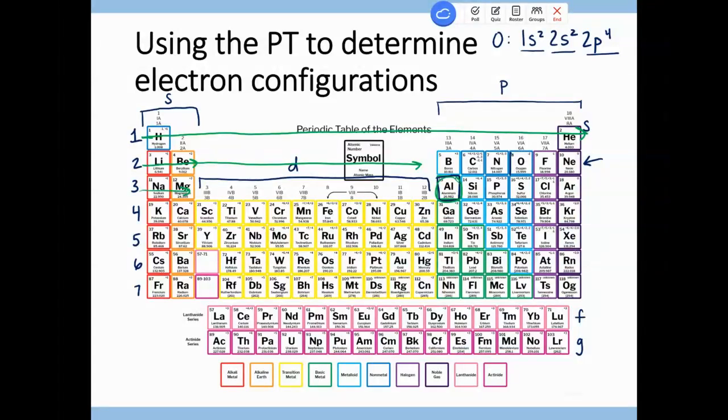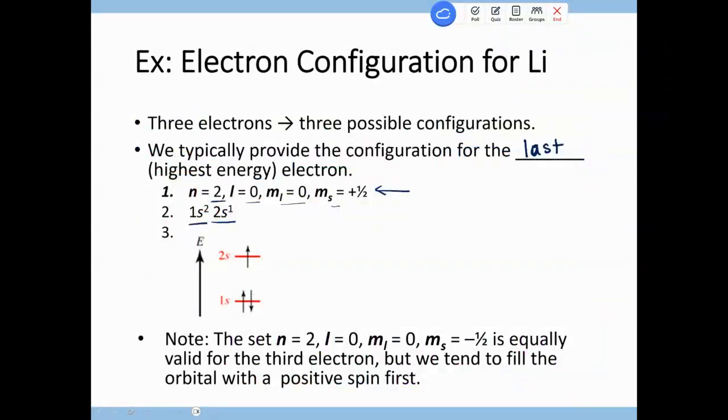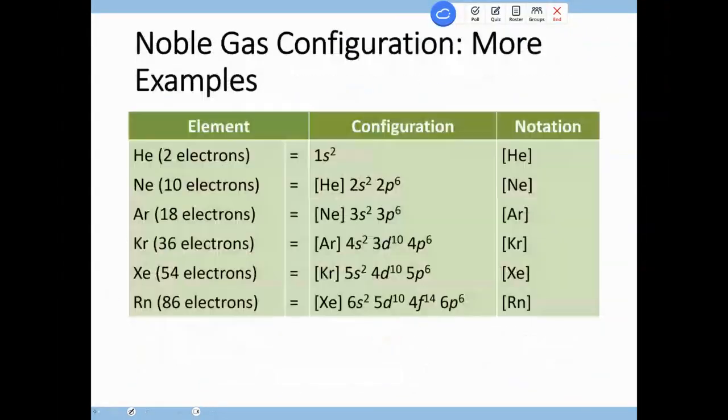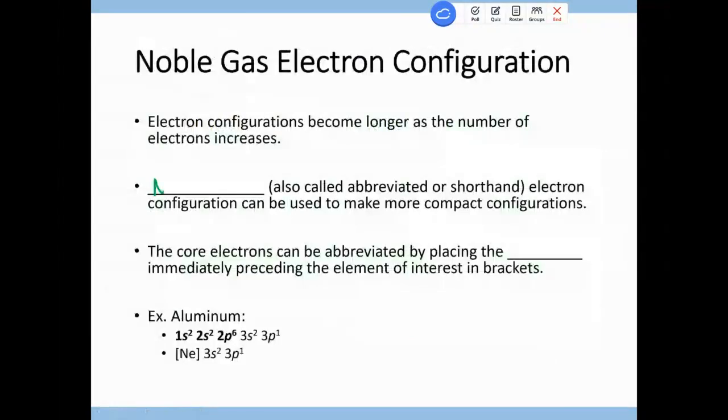So 5p6 is the end of the electron configuration for xenon. So if we write that in brackets, we're representing up to 5p6. And then we would just continue with 6s2 and 6p. We'll talk about D's in a second. So going back to that slide, noble gas.